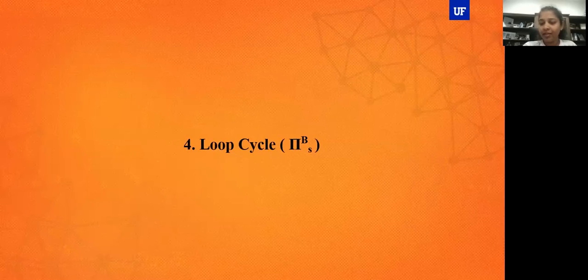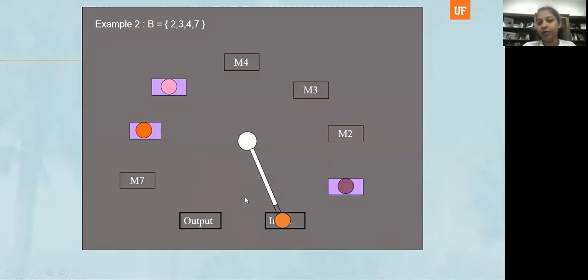So the loop cycle is slightly different. This is the most complicated one, and you will see how simple that is too. So let's look at the loop cycle. Here I have to categorize my machines into two parts, set B and machines that are not in set B. Set B are the empty squares, and the ones that are not in set B are the purple ones. Here the rule is very simple again. Look at the purple cells and then look at that cluster. Machine 1 is a purple one. Take the machine before that and after that, input and M2.